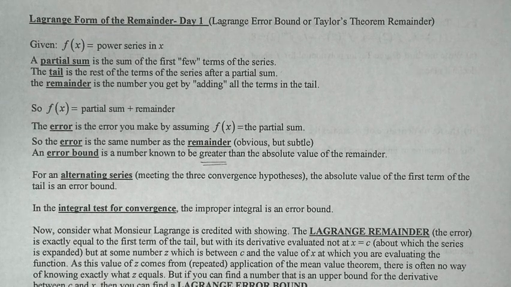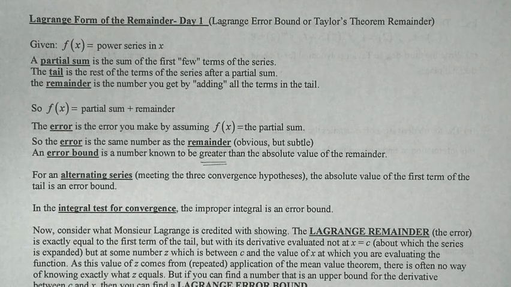Now, consider what Lagrange is credited with showing, the Lagrange error bound. It's kind of the same as what we saw in alternating series and the integral test, but in a way different. Why? Because what we need is the first term of this tail.